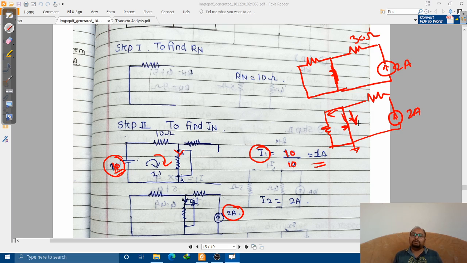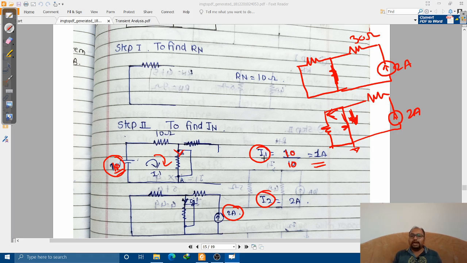So remember that this 2 ampere current is going to flow directly towards the ground through this short circuit line, and no amount of current is going to flow through this because it has a certain value of resistance, that is 10 ohm. So the total current is going to flow through this short circuit to the ground. Both the currents are flowing in the same direction, so we need to take the algebraic sum, right?